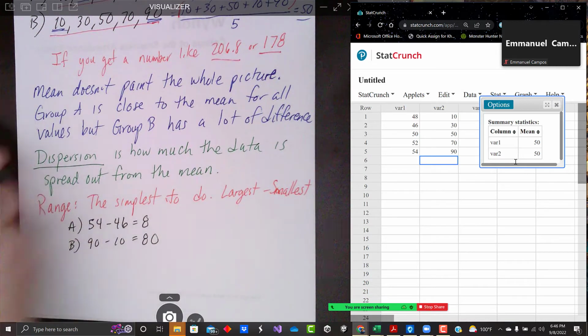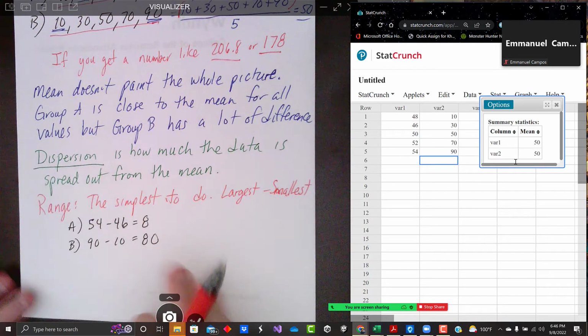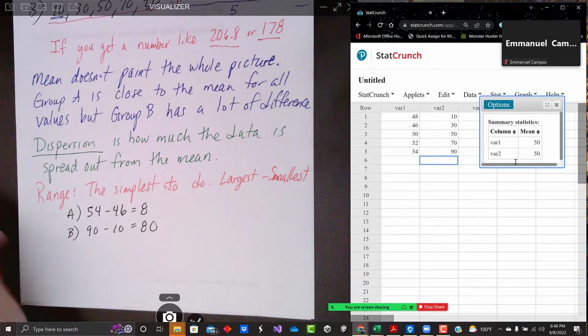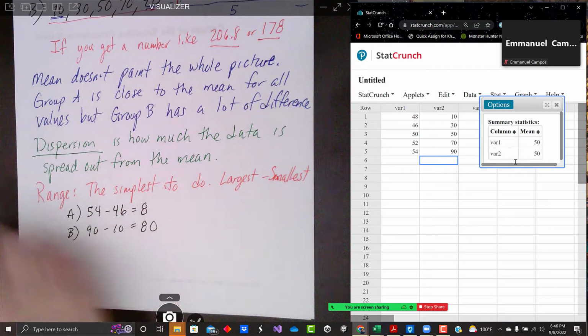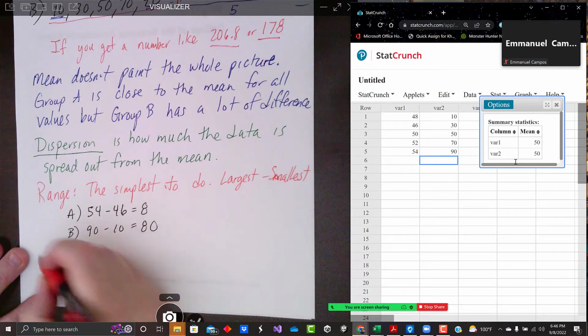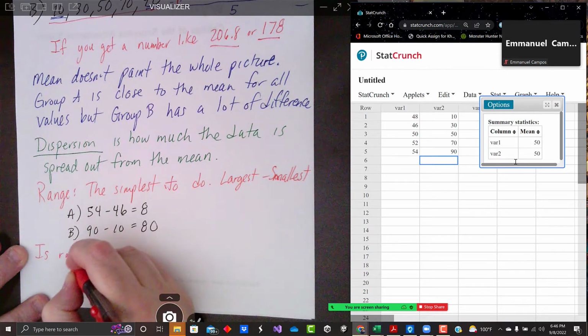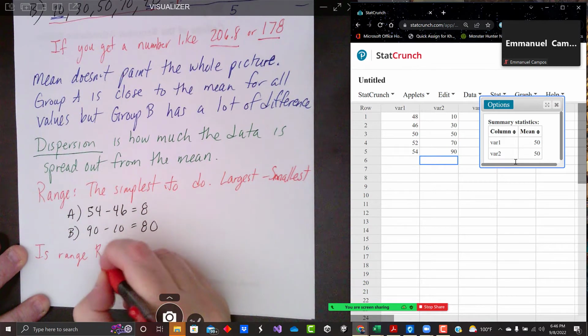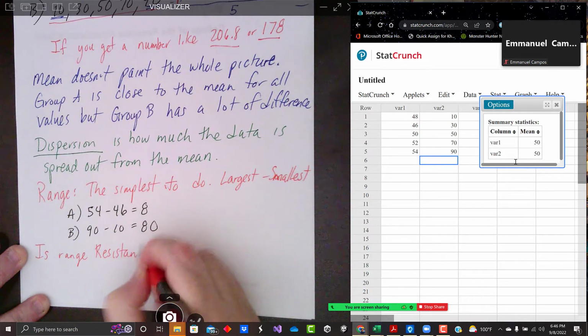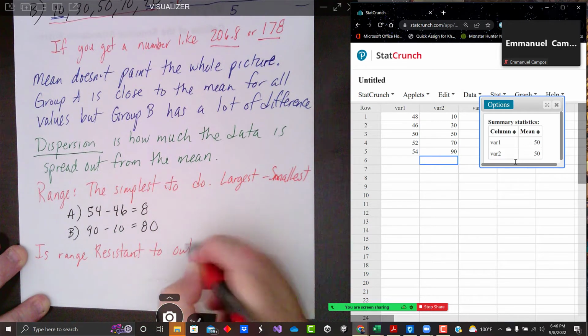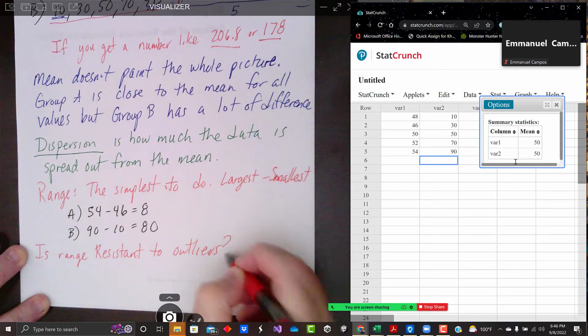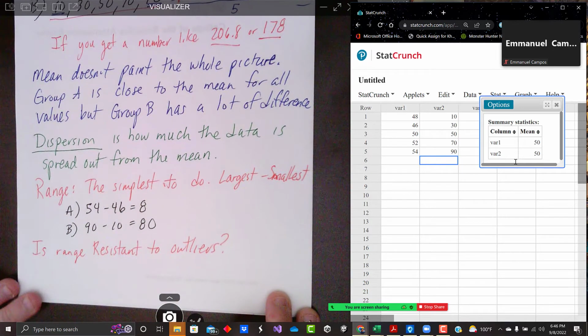And we talked about outliers and things being resistant before. Let's say we have that A again. So is range resistant to outliers? Let's check.